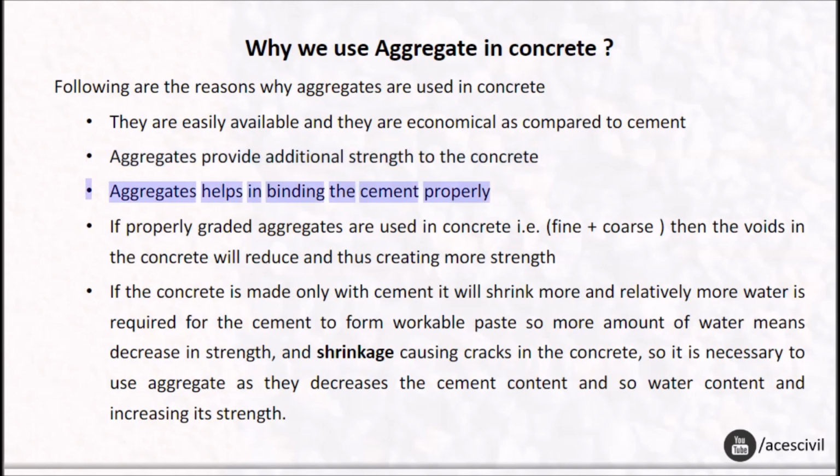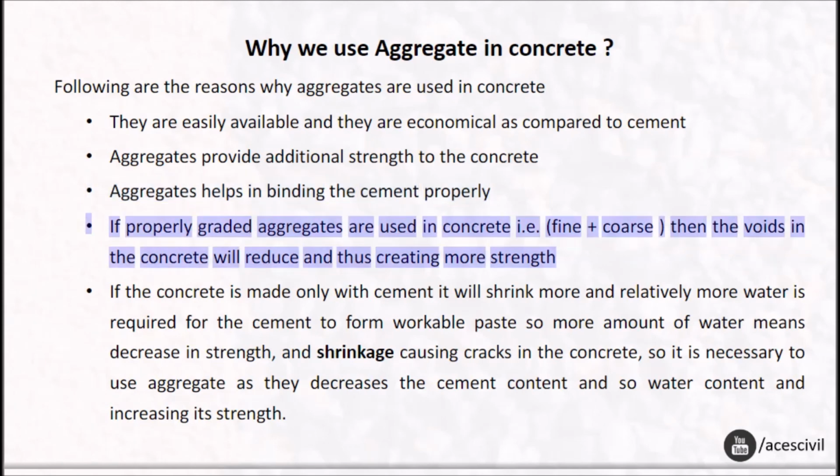Aggregates help in binding the cement properly. If properly graded aggregates are used in concrete, i.e., fine and coarse, then the voids in the concrete will reduce and thus create more strength.